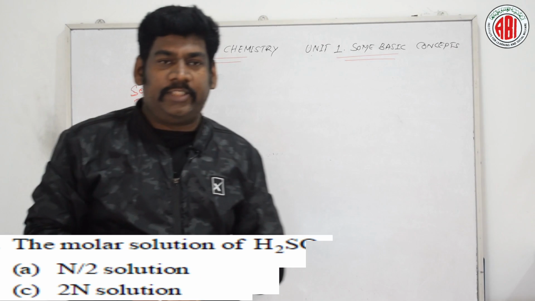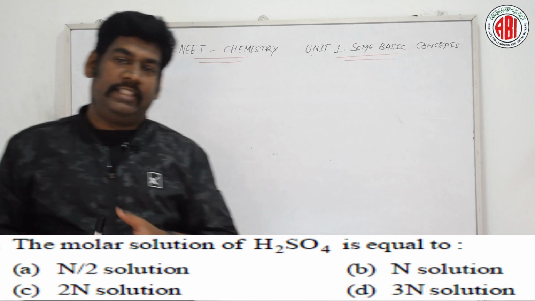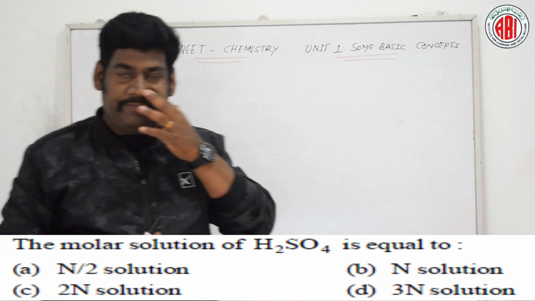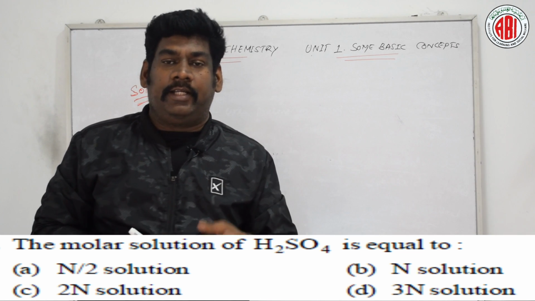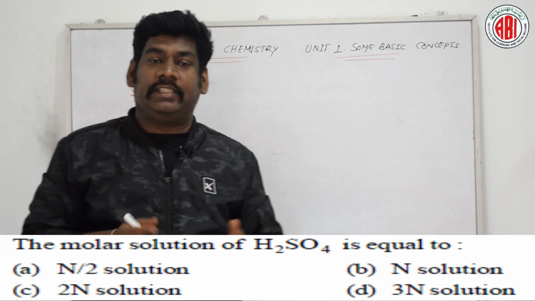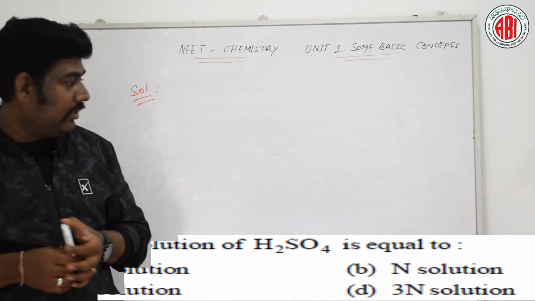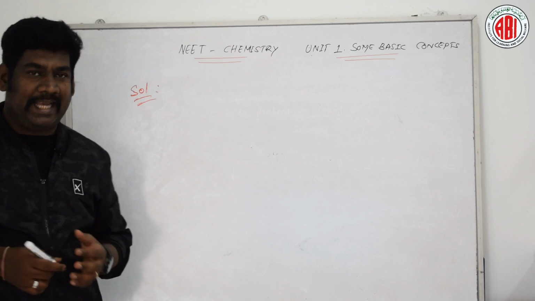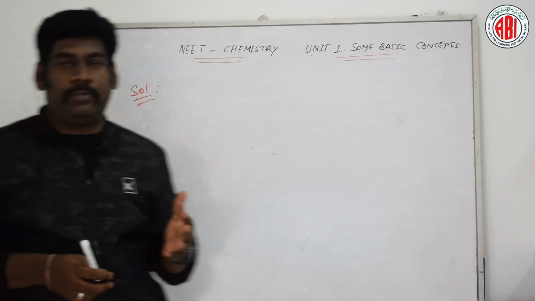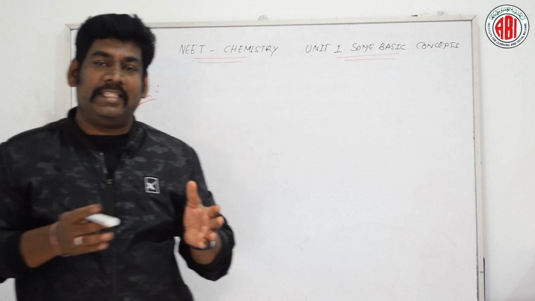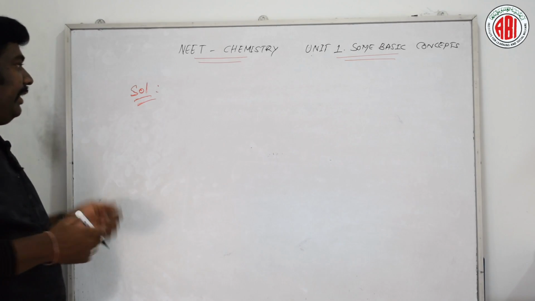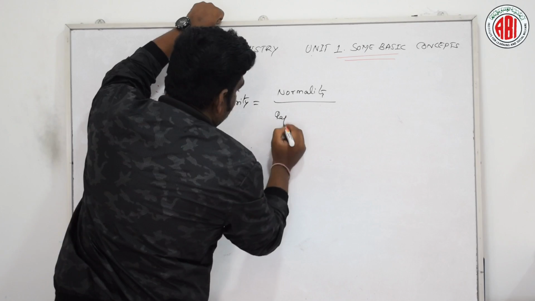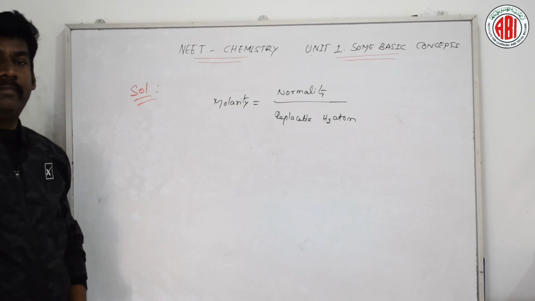Now look at this next question: the molar solution of H2SO4 is equal to... Here there are a few options. Let us find. Though H2SO4 is a dibasic acid, the molarity is equal to normality by replaceable hydrogen atom.